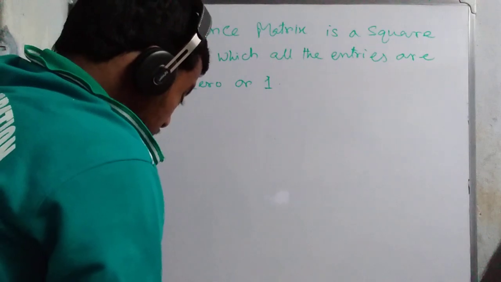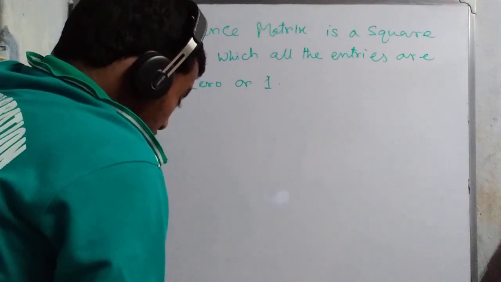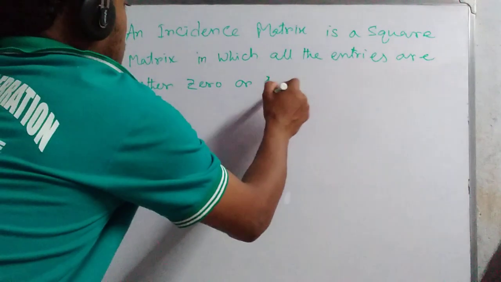Understood? And all diagonal entries are 0.